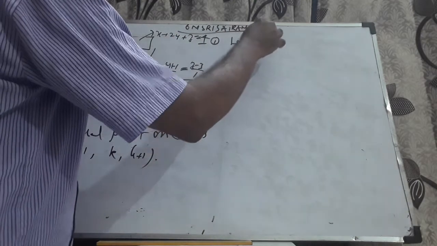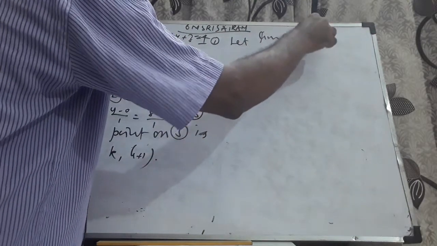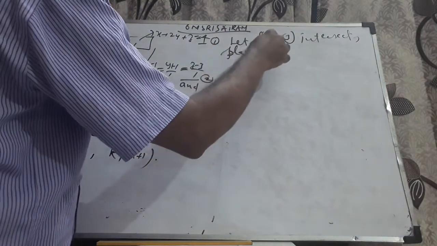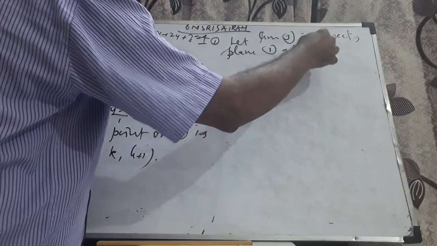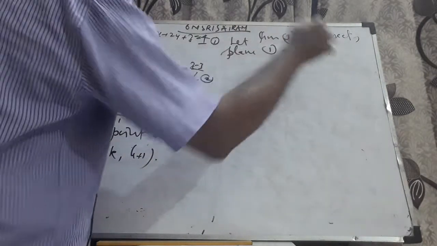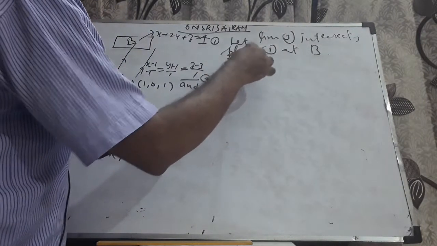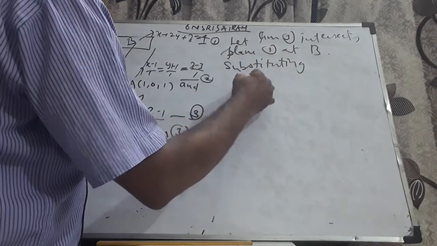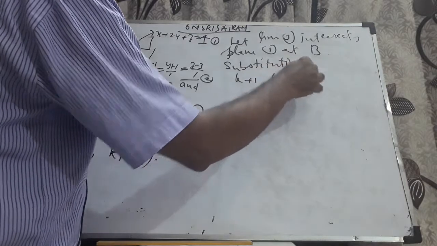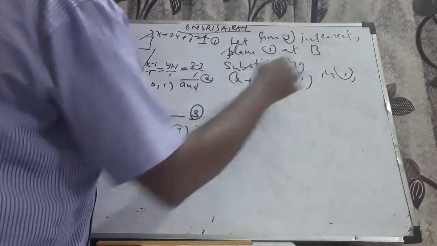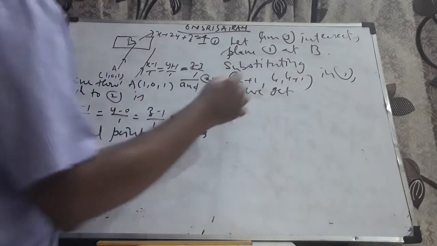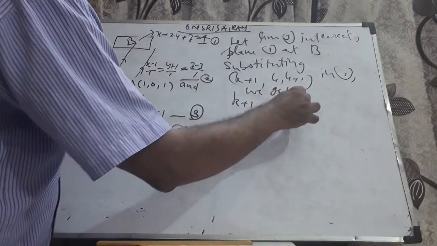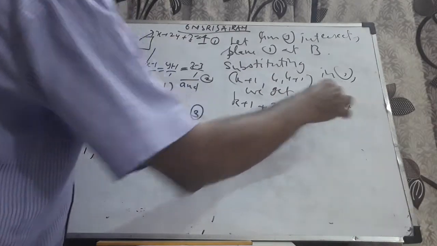Let line 3 intersect plane 1 at B. Let this point be B. Substituting (k + 1, k, k + 1) in 1, we get k + 1 + 2k + k + 1 = 4.